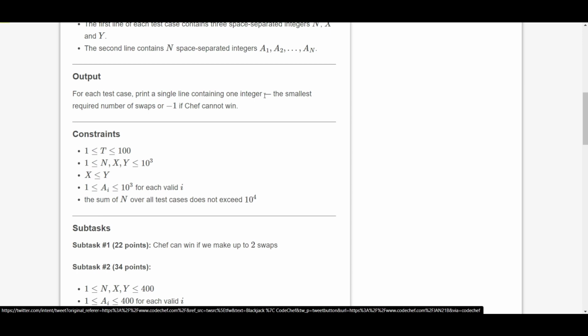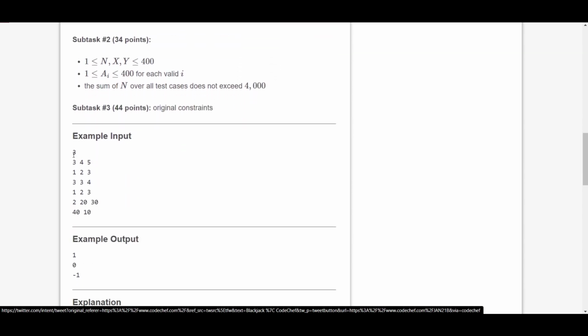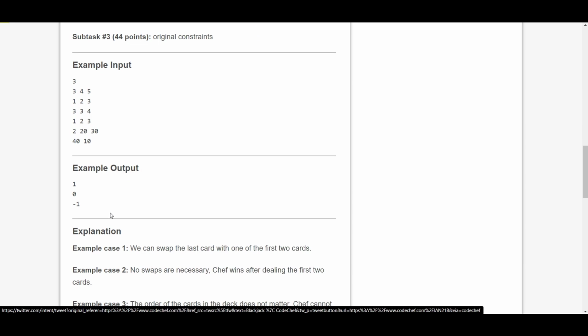Now let's understand the inputs given here. We are taking 3 test cases. In the first test case, n is 3, x is 4 and y is 5, so our array of cards is 1, 2 and 3. To make chef win, as the explanation says, we swap the third card with either the first or second card.